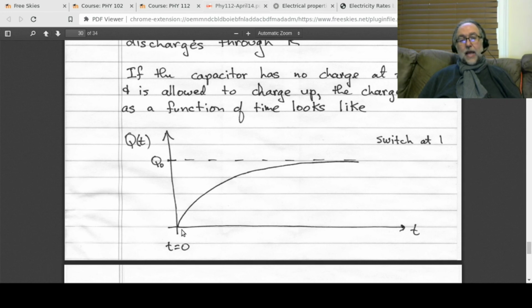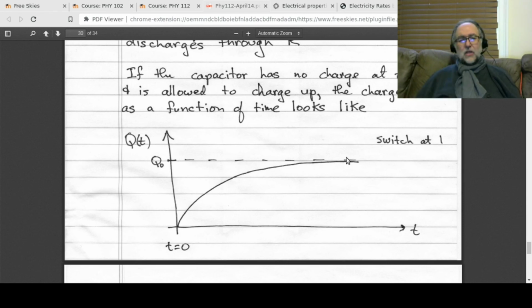You can see that the actual charge Q approaches this dashed line, but it never actually gets there. It just gets infinitesimally close to it. This is what in math is known as an asymptote. But after about 5 time constants, most people say it's so close that whatever little difference there is, it's absolutely negligible. You're not even going to be able to measure it.